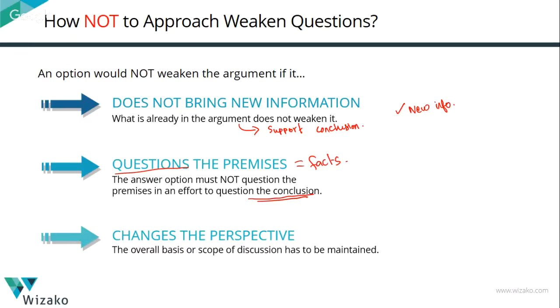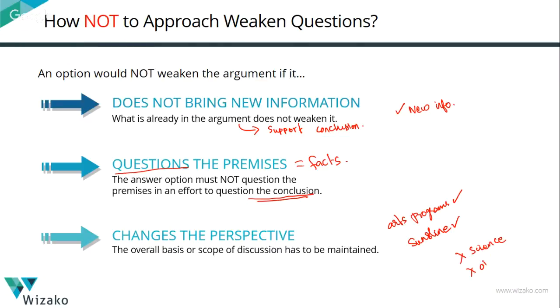Finally, don't change the perspective in the argument. In this discussion, we are talking only about arts programs and we are talking only about Sunshine University. We have not broadened it and extended the discussion to include other universities or talk about other programs at Sunshine. So if you have an answer option that talks about the science department at Sunshine, that would not be the right answer.